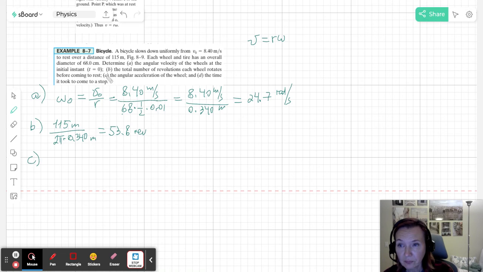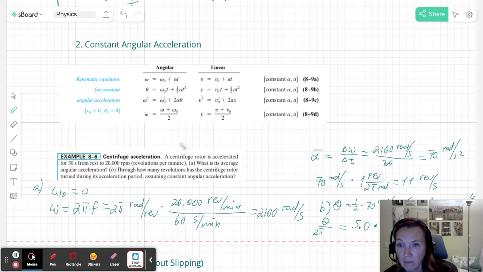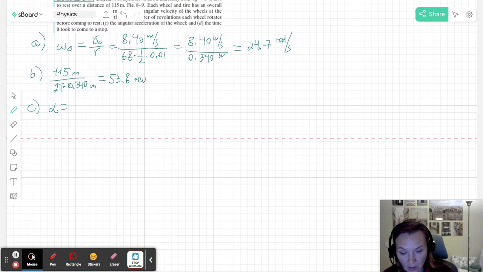For part C, the angular acceleration of the wheel, we are using the formula that we had before, which we can derive from this one. We're trying to figure out alpha, so it's omega squared minus omega naught squared over 2 theta. The final velocity omega is going to be 0 because the bicycle is now at a stop.